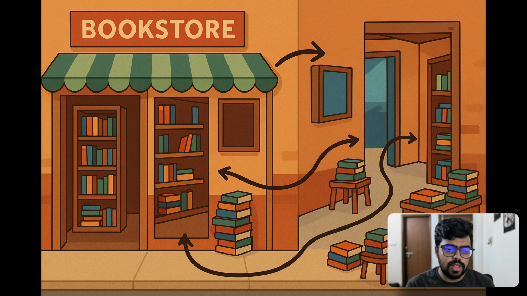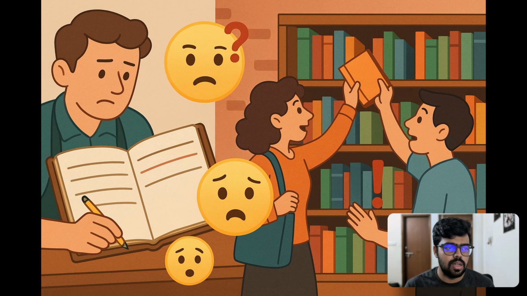But now with more shelves, it increases the chaos, and it gets even worse, right? Now customers won't be able to find books. Even you won't be able to find books because there are too many shelves. You are not able to maintain your ledger entries properly, and eventually your system starts falling apart.